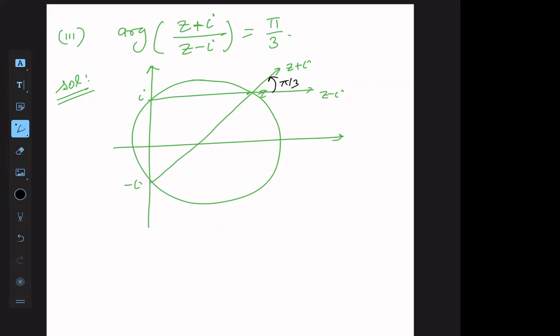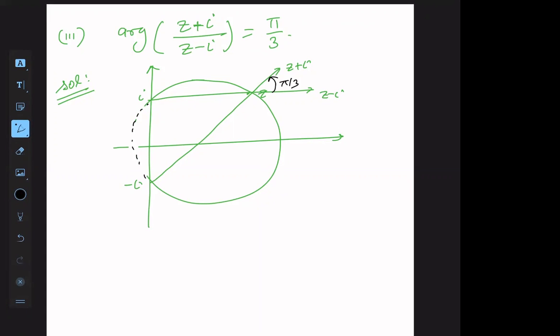Understood? So have you understood this point or not? So basically this is the major part. Left part is not included; locus is only the right part, only the major segment.